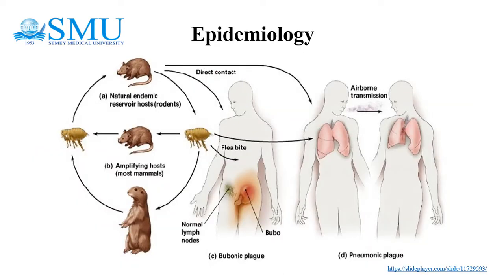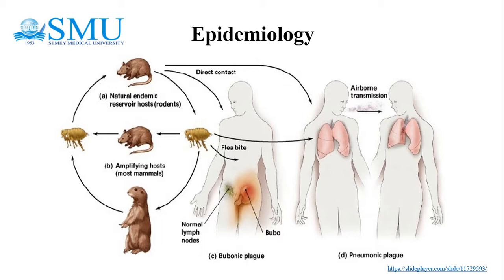Now the epidemiology of plague caused by Yersinia pestis. Epidemiological factors: the reservoirs are wild rodents such as gerbils, field mice, and bandicoots found in forests, which are the main reservoirs of infection in India rather than domestic rats. The sources of infection are infected wild rodents, rat fleas, and cases of pneumonic plague.